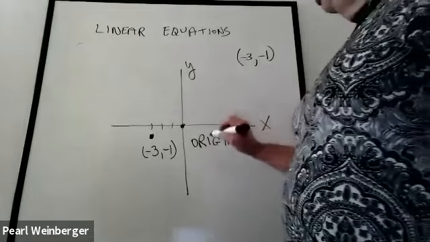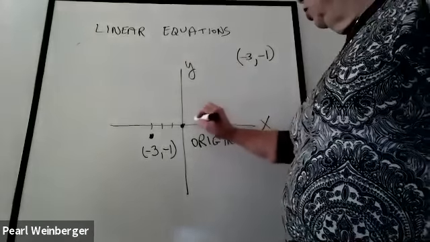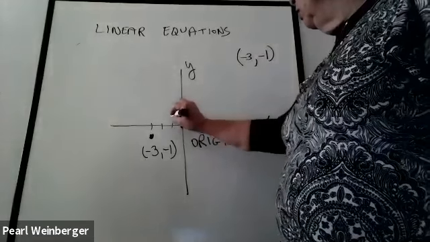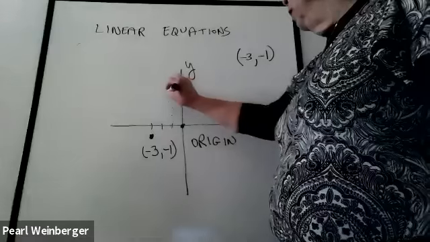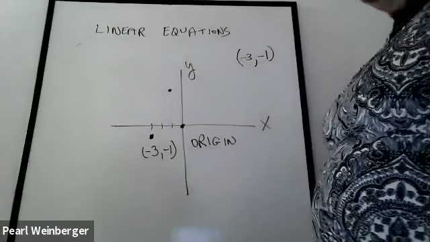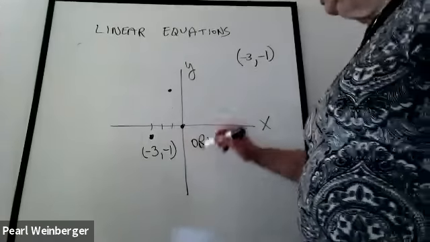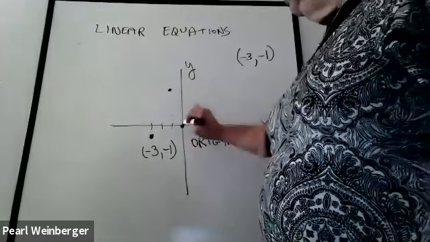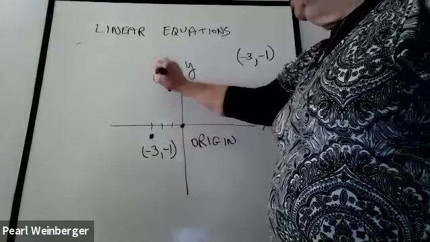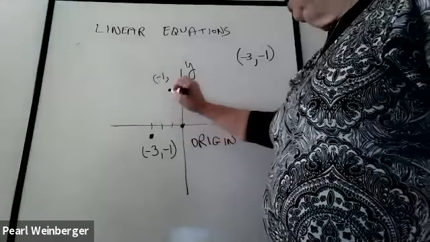If I were to go to this point, here's a point. I can tell you what the coordinates of that point are, the coordinates being the numbers. I know to get to this point, I have to go 1 to the left. So my x coordinate is -1. And then I have to go 1, 2, 3, 4 up.